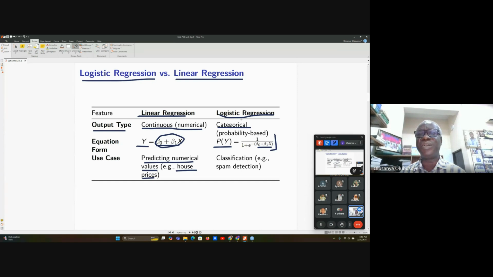When do we use the logistic regression? When the dependent variable is in categories, is classification, is in classes, in groups, two groups for binary logistic regression.